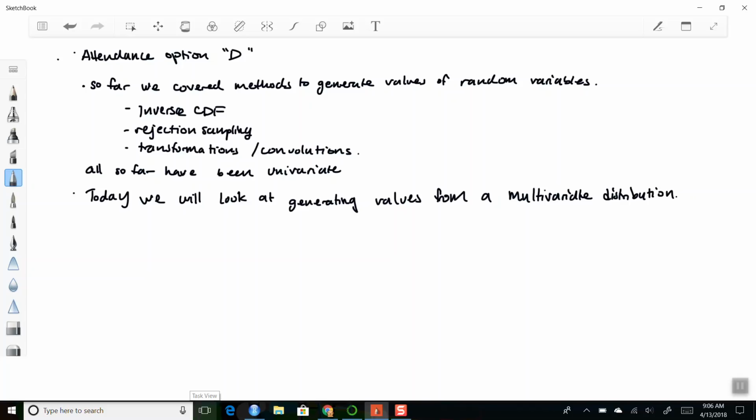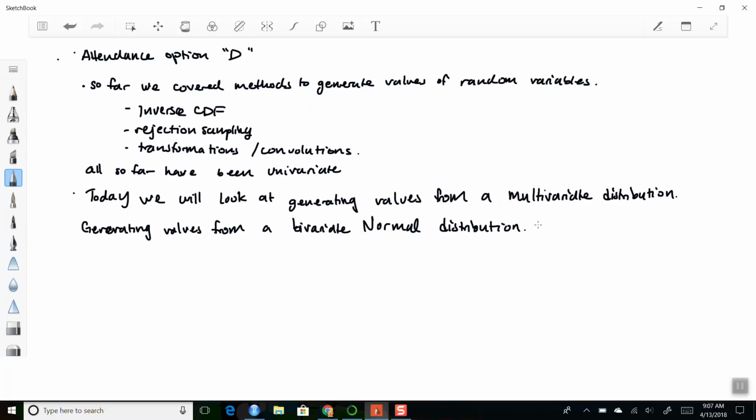Okay, so specifically, we want to generate values from, let's say, a bivariate normal distribution. Is this also covered in 100B?